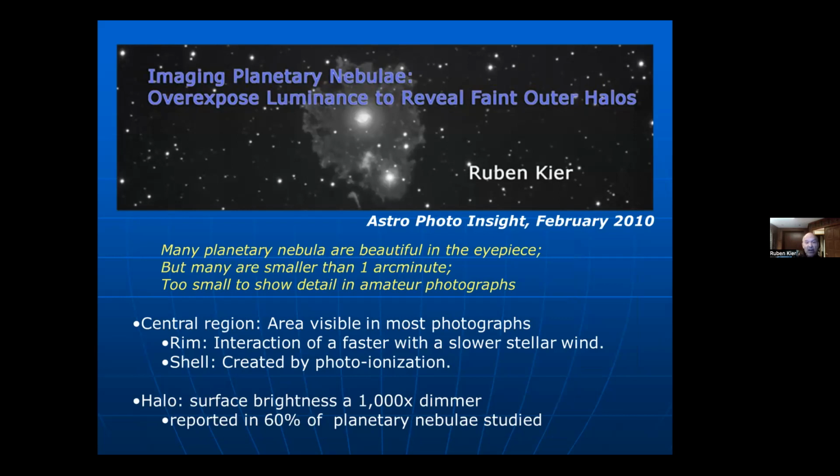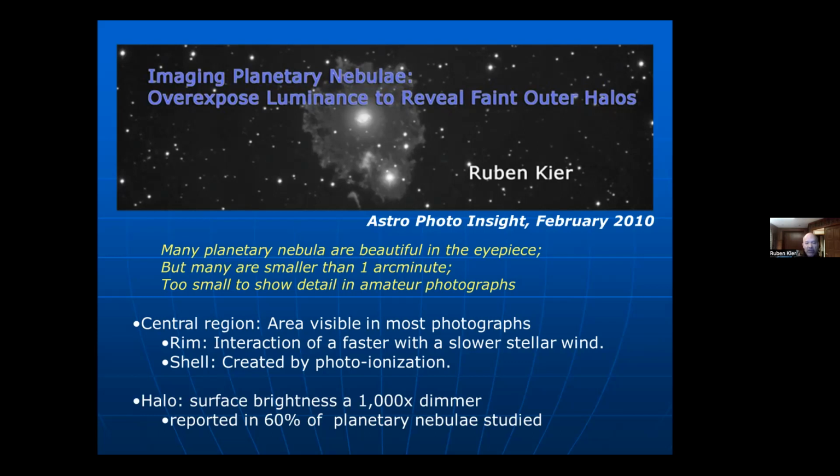expand the size of the planetary nebula and see significantly more detail by going for the outer halos. So what are the outer halos? Well, many planetary nebula, and I'll show you the reference to a study that was done in the actual astronomy literature.